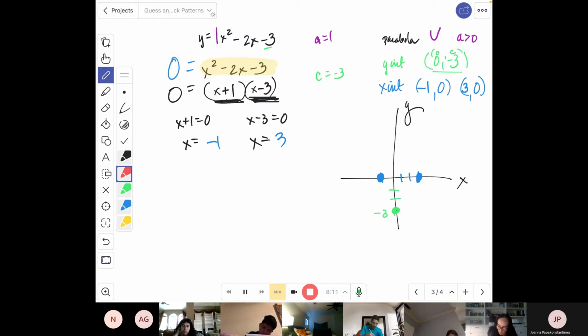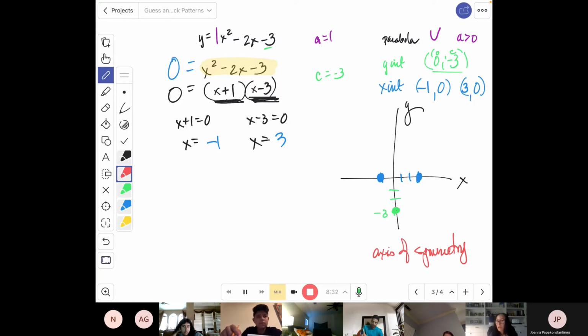So can you tell me what the axis of symmetry is? The equation of that vertical line. What is the axis of symmetry? Can anybody tell me? Is it 1?